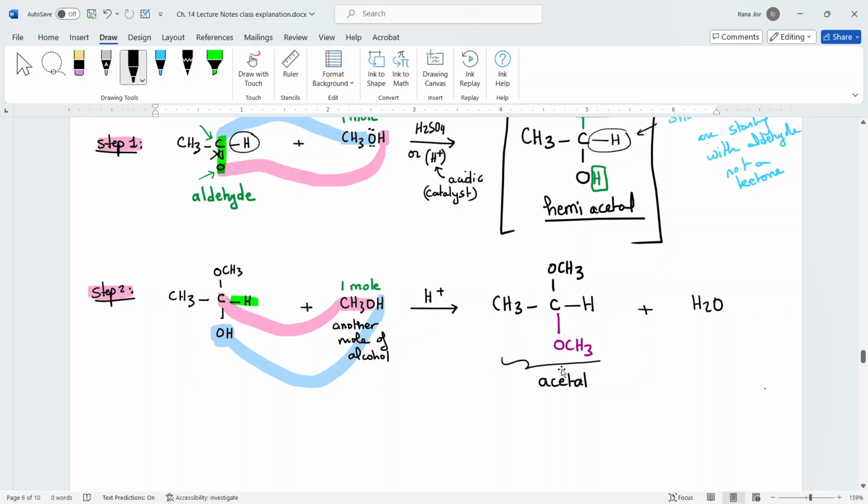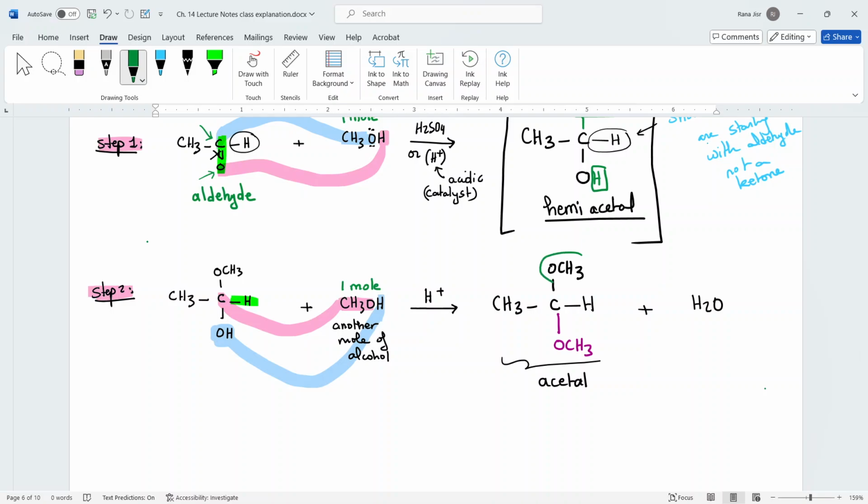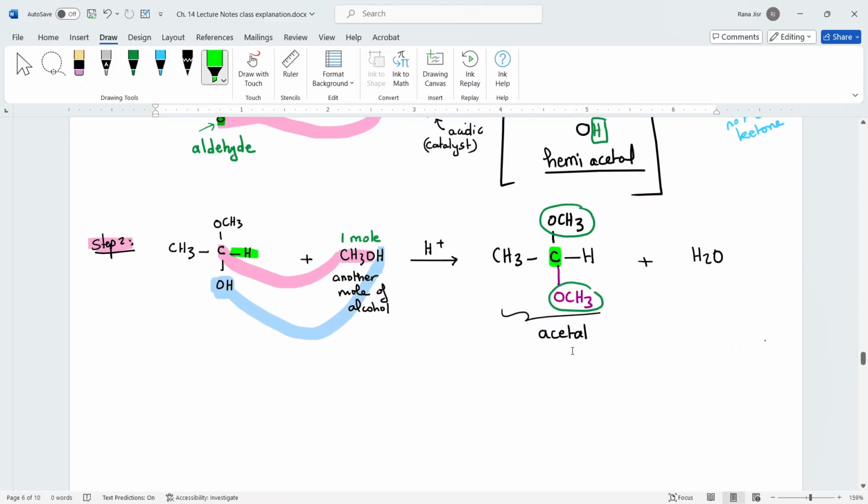My acetals are always made up of ORs on the carbon. This is the definition of an acetal. So you have to know the difference between an acetal and a hemiacetal. An acetal needs to have 2 ORs on the carbon of the carbonyl. So my intermediate in this reaction is a hemiacetal, and if I go ahead and use another mole of the alcohol, then I'm going to get my acetal.